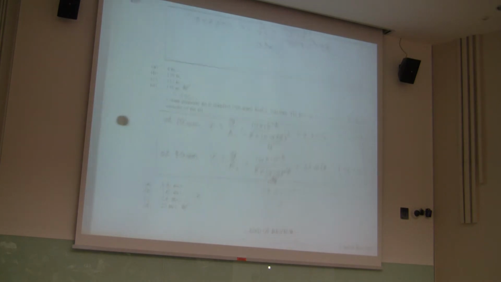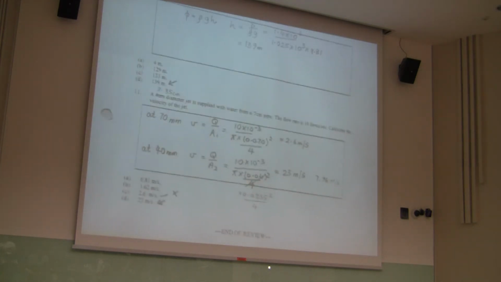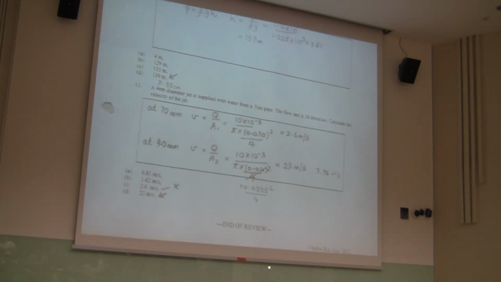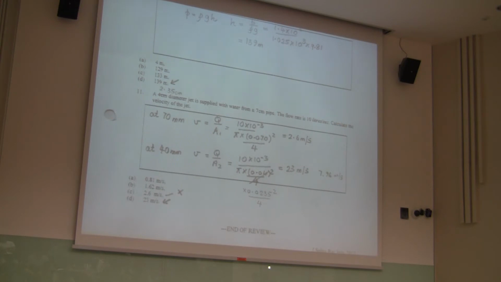The last question, there was some queries. Question 11. Can you see the diameter of the jet is 2.35 cm? And the answer is 23 meters per second, correct? But there is a typo on the diameter of the jet, 2.35 cm, not 4 cm.